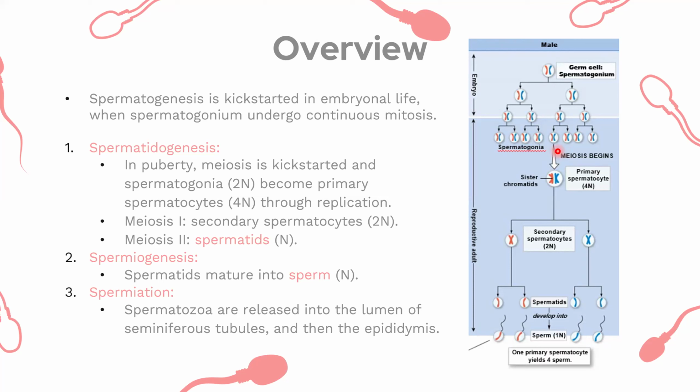Our first step is to make it a 4N type of cell, right? That's how we start both meiosis and mitosis. But now that we're actually kickstarting the spermatogenesis, this is going to be called a primary spermatocyte. This primary spermatocyte, after meiosis 1, now that we have a 2N type of cell, is going to give me a secondary spermatocyte.